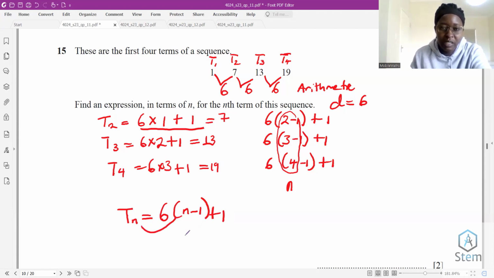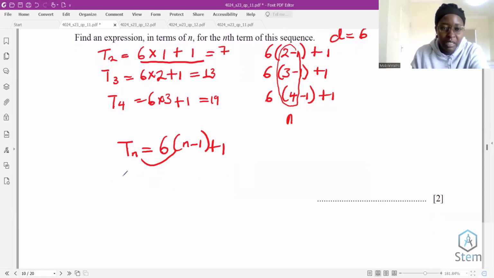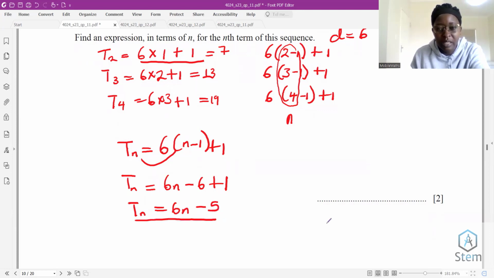So let's solve this and see what we get. I will get Tn is equal to 6n minus 6, then plus a 1. This is going to give me Tn equal to 6n minus 5. So this is how we get the general term, 6n minus 5.